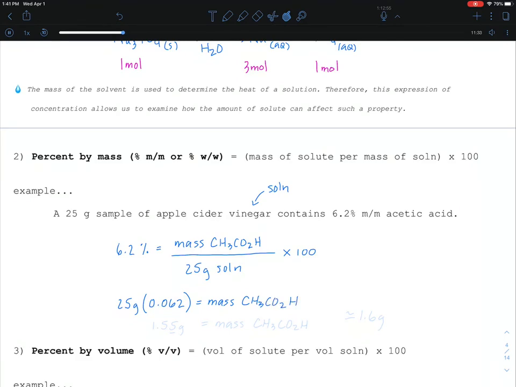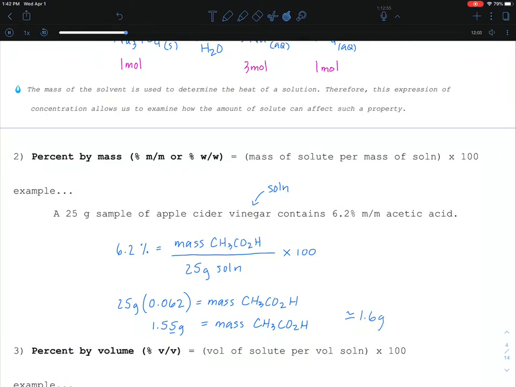So what I get is 25 and then 0.062. I have two sig figs that I'm allowed, but when I do this out, I actually get 1.55 grams. So I'm going to round that up, and that's going to be the mass of the acetic acid, essentially with two sig figs, 1.6 grams.